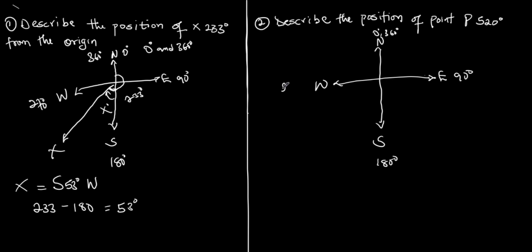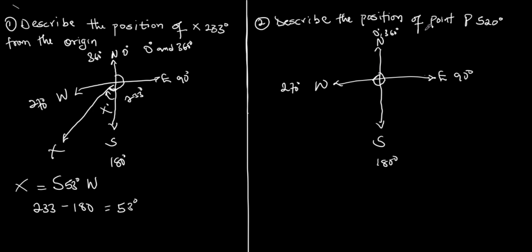And the west is 270 degrees, right? Now, starting from the origin, getting to the east, we achieve 90 degrees. Getting to the south, we achieve 180 degrees. Getting to the west, we achieve 270 degrees. Back to where we started from, we have already achieved 360 degrees.